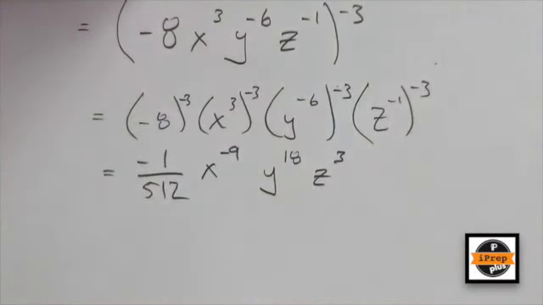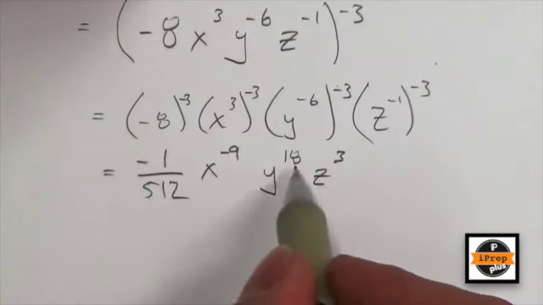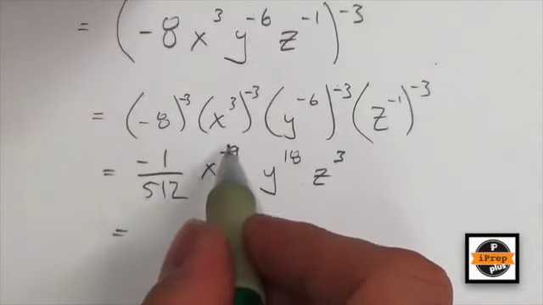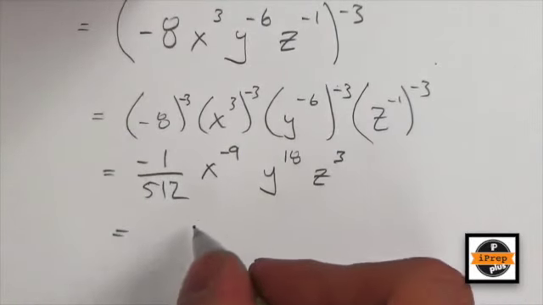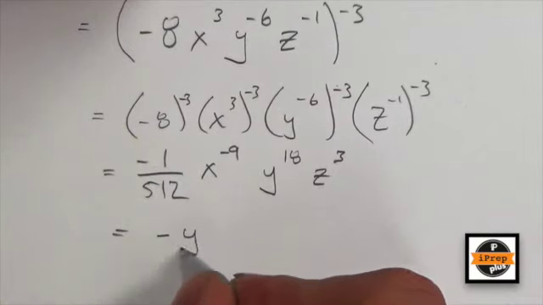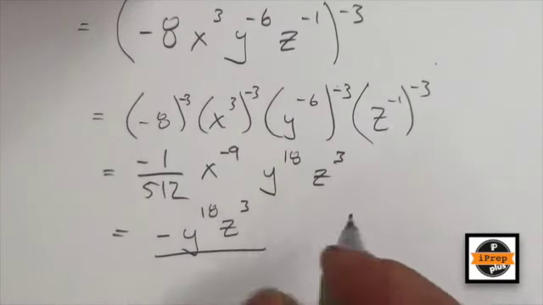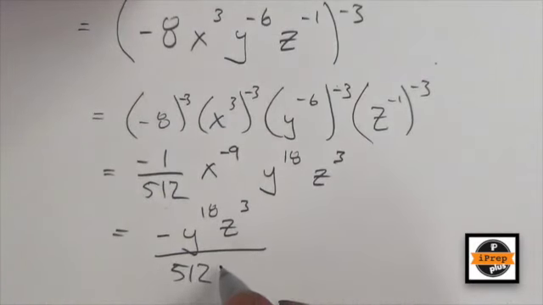Now, the y and the z are going to stay in the numerator, but the x to the negative 9, that negative is going to cause it to reciprocate. So this will end up becoming negative y to the 18 z cubed all over 512 x to the 9.